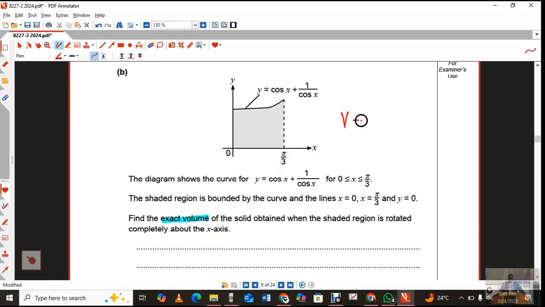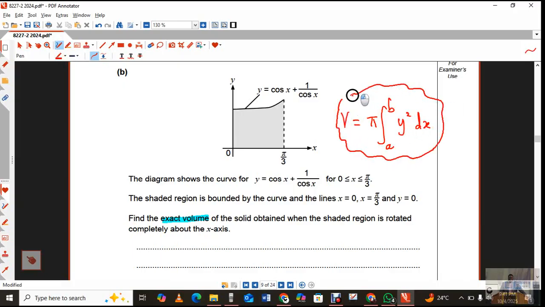I'm going to stop at the word volume there. Then we know that volume is pi integrated from a to b of your function squared with respect to x. This is how you find volume. Right, so this part here is my y. You can see my y. So this y here represents this one. Right, so let's use it.